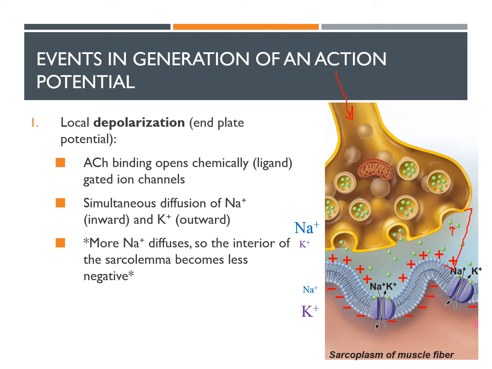For sodium, that means sodium is going to flow into the cell because it's going from an area of greater concentration outside of the cell to a lesser concentration inside. Potassium flows in the opposite direction because there's more potassium inside the cell, so it's going to flow out into the synaptic cleft.